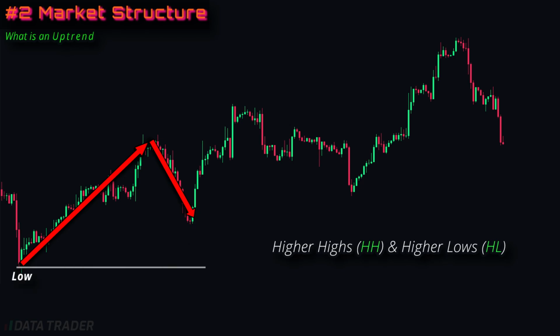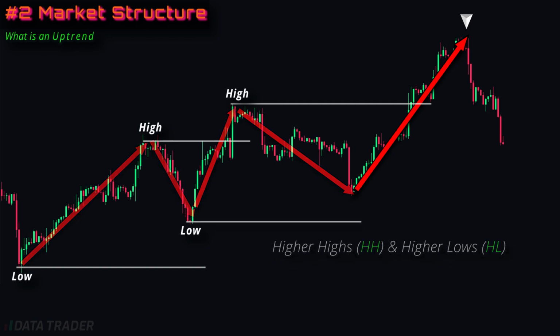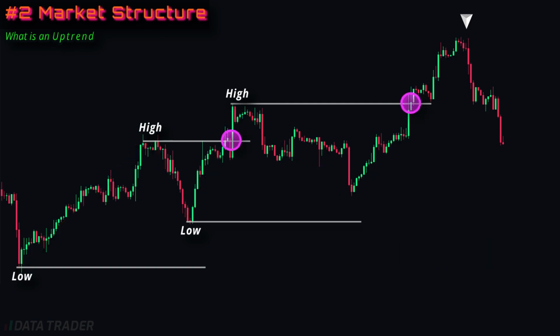Next, we can see it went up and surpasses the previous highs, forming higher highs. After that, it came back down, remains above the previous lows, goes up and breaks above the previous highs, forming another higher high, hence the term higher highs and higher lows. Now, this breaking of the previous highs is also referred to as break of structure.